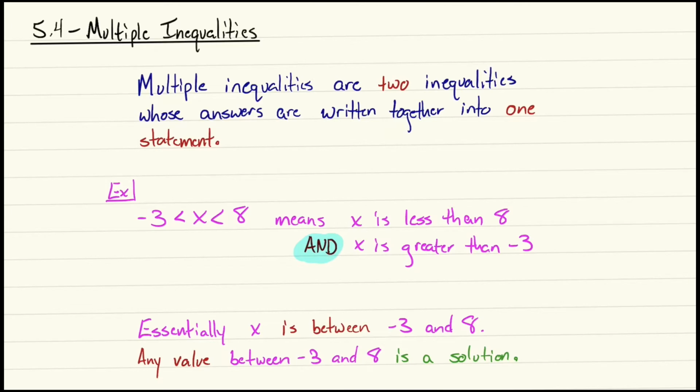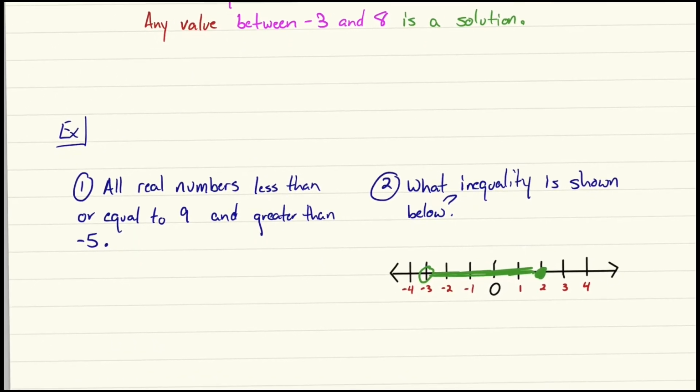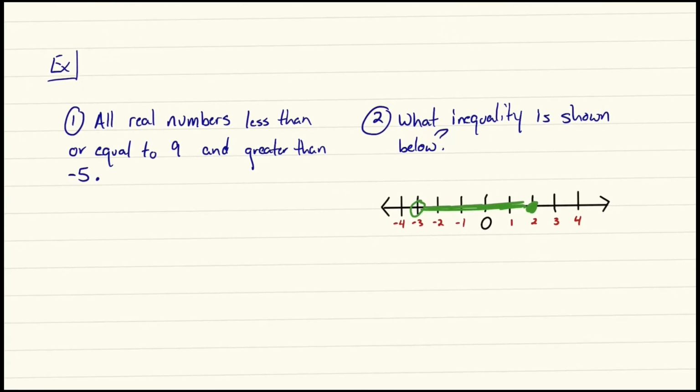So let's take a look at some examples and how to solve these. We only have two for this section. First we have all real numbers less than or equal to 9 and greater than -5.